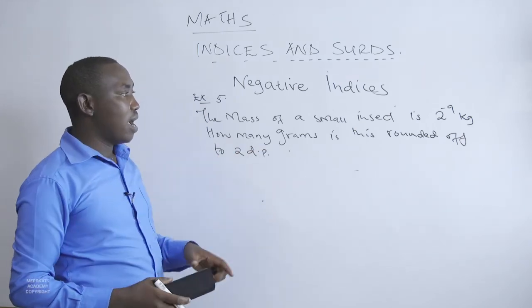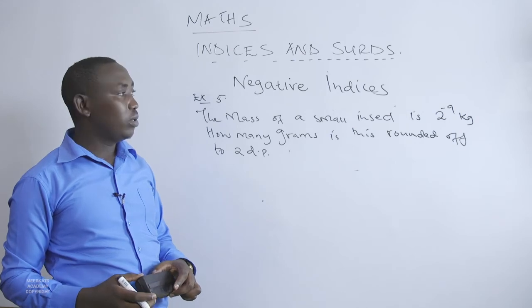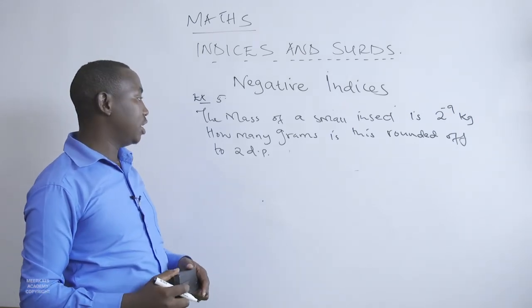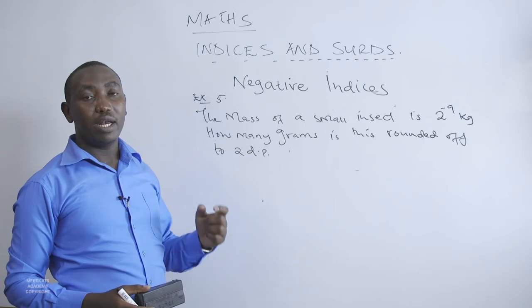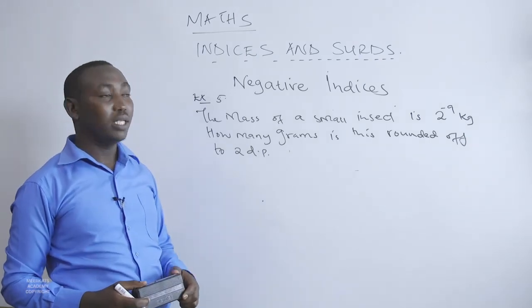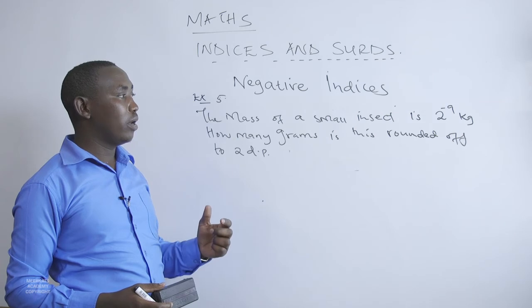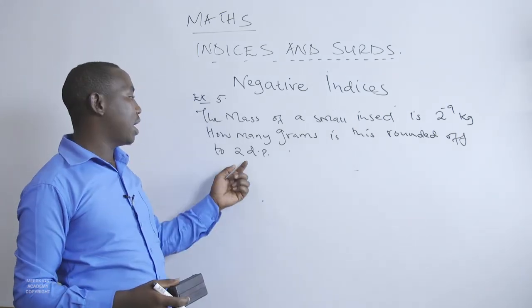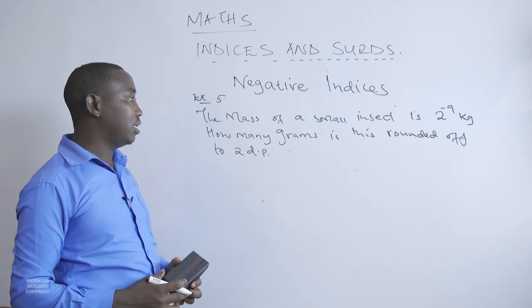Now we have an insect which is measuring 2 raised to -9 kg. We are supposed to find out how many grams that particular insect weighs, given that our answer should be rounded off to 2 decimal places.